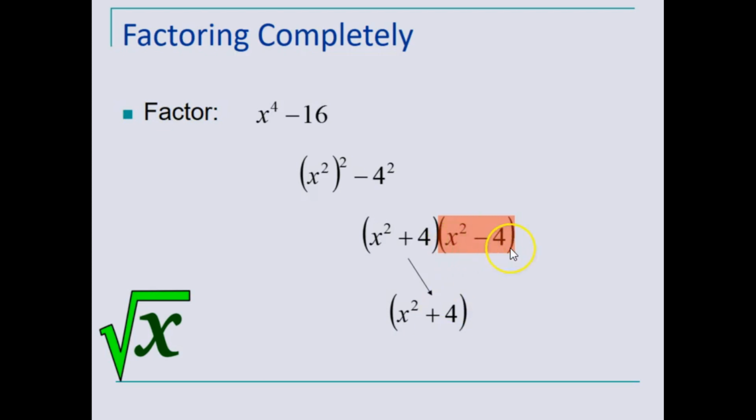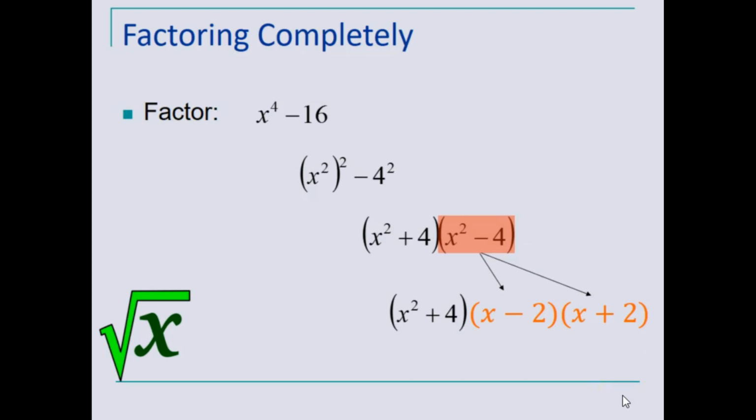However, the second term highlighted here is another difference of squares. We can factor it with the conjugate pair being the square root of the first term and square root of the second, one being a minus and one being a plus.